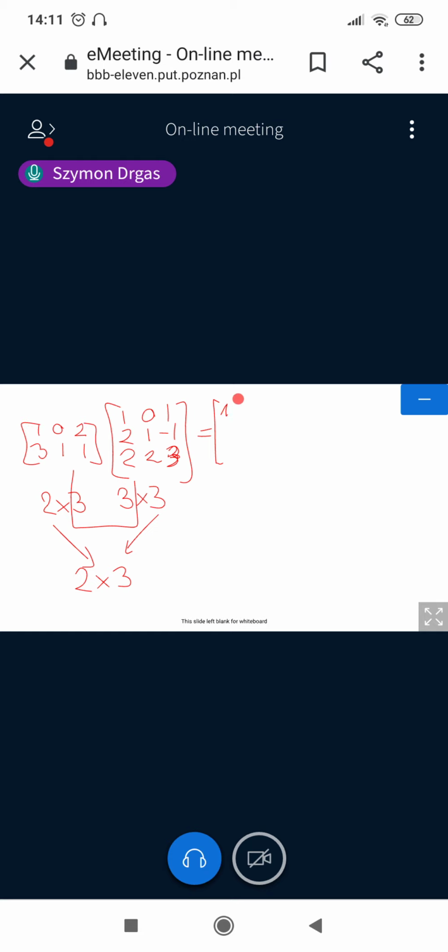So it will be 1 times 1, 0, 1 plus 0 multiplied by 2, 1, -1 plus the third entry in the first row, which is 2, times the third row of the second matrix, so 2, 2, 3.